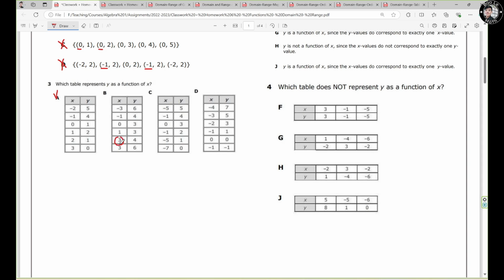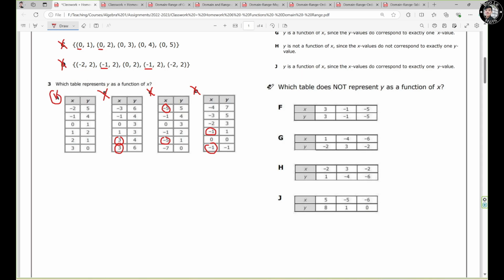Oh, you have two 3s right here, so this is not the answer. -5, -5 right here is repeating, so this is not the answer. -4, -3, -2, -1, repeating right here, so this is not the answer. So the answer must be A.